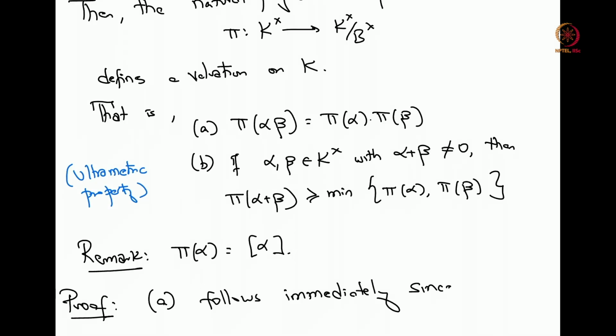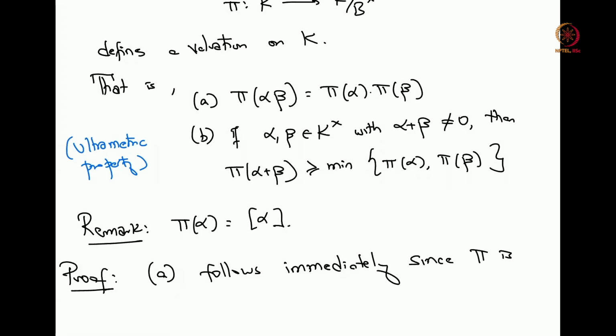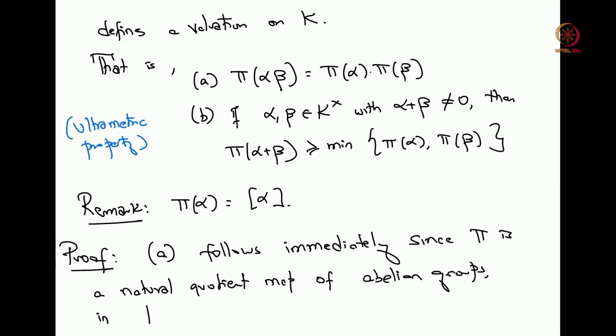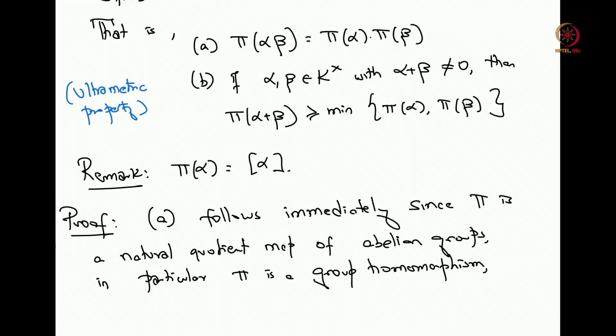Since pi is a natural quotient map of abelian groups, in particular, it's a group homomorphism. And so pi of alpha beta, because it's a group homomorphism, is pi of alpha times pi of beta.